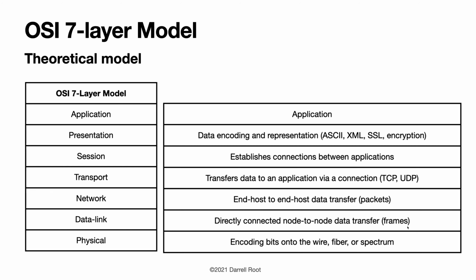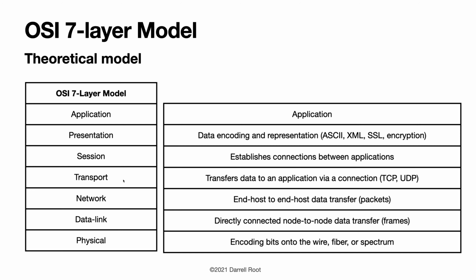And when we talk about bits, when we talk about data being transferred, we talk about it in units. And at the data link layer, the unit we use is frames. Layer 3 is the network layer. This is end-host to end-host data transfer. And our units at the network layer are packets.